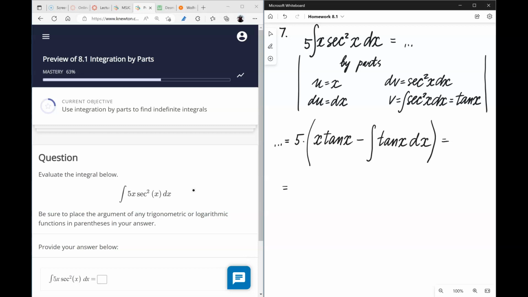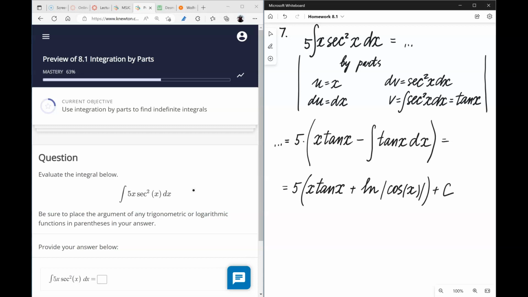But here's what we have, right? We have 5 that applies to the entire integral, and inside we have x tan x minus integral of tangent x. The integral of tangent x is, let's see if I remember it correctly, but it's a table integral, so it's just plus, over here, ln of cosine of x plus c.